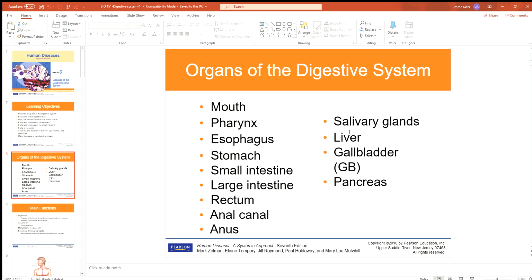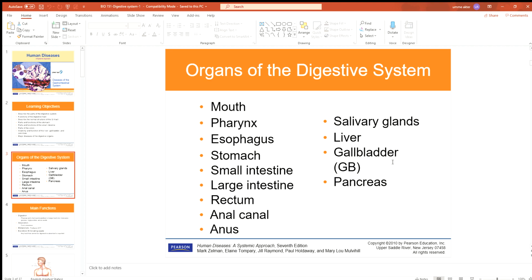Then you have the liver. The liver is a large organ or gland of the body, and it is mainly responsible for the metabolism of the nutrients. Most of the nutrients go from the GI tract to the liver, and the liver first processes those nutrients.